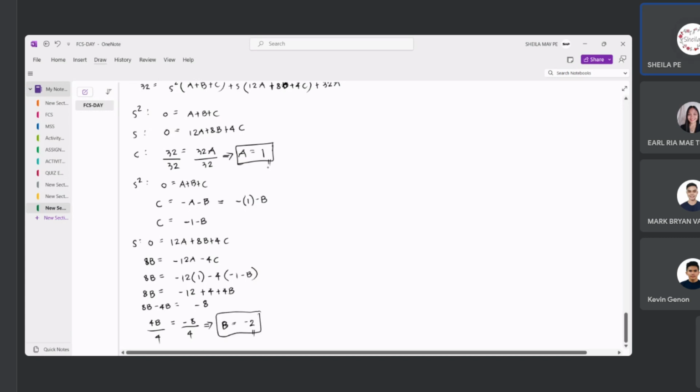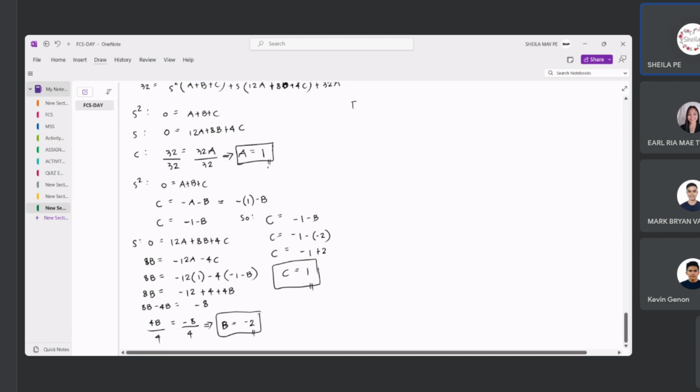From our B equals negative 2, our C equals negative 1 minus B, negative 1 minus the negative of our B. So C is negative 1 plus 2, that's 1. Okay, we already have our three roots.